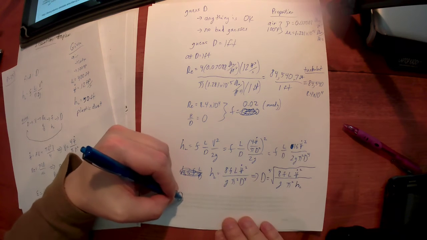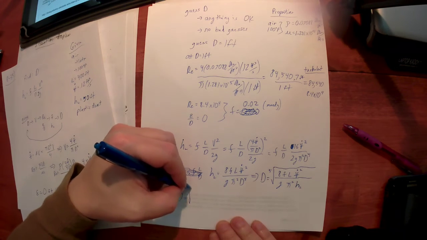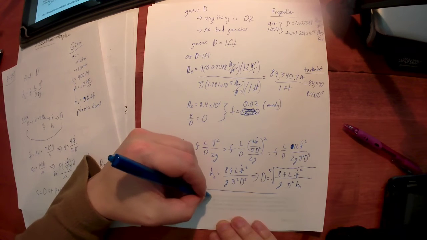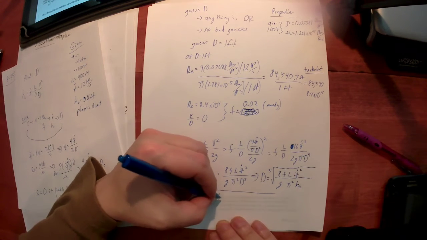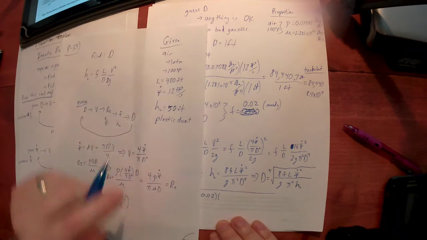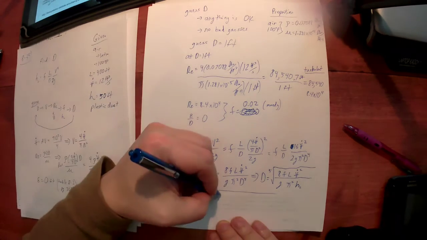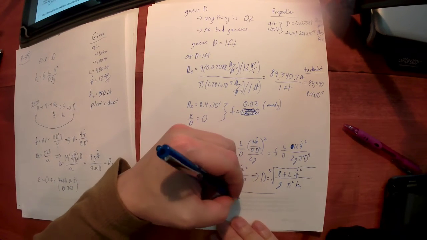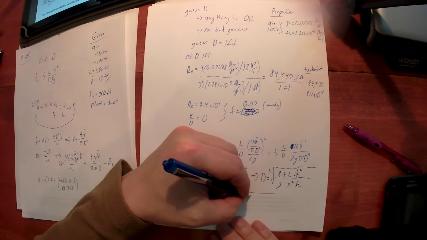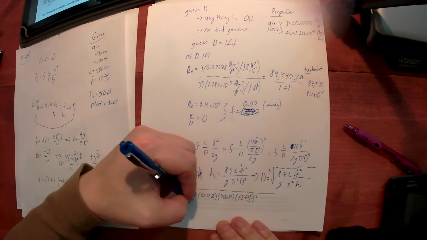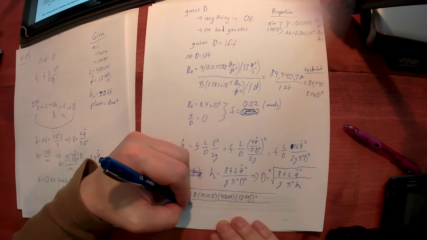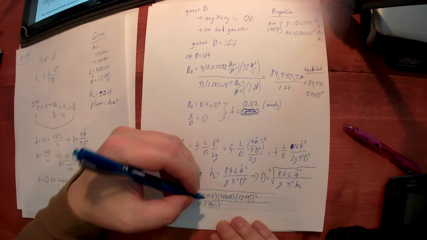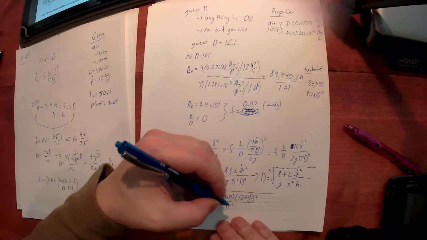So, my better guess for diameter is now the fifth root of 8 times 0.02 times my length. I said back over here was 400 feet. Times my volumetric flow squared, that's 12 cubic feet per second, that's going to get squared. Divided by all these things. Now gravity in English units, of course, is 32.2 feet per second squared. It's going to be divided by pi squared.